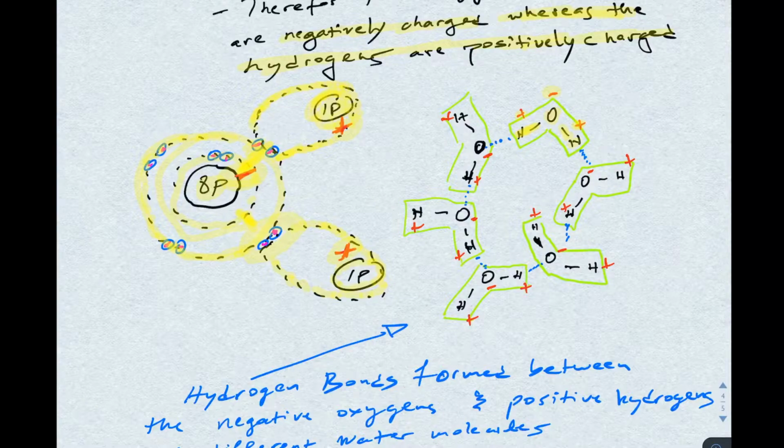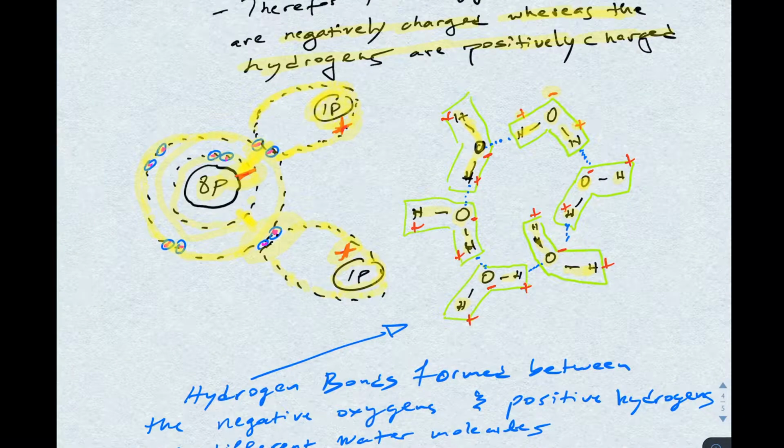So that's one water molecule. That's H2O, right? 2 H's and an O. That's our first molecule. Our second molecule is this one right here with this negative oxygen and these two positive hydrogens. Our third one is this one. Our fourth water molecule is this one. Our fifth one is over here. And our sixth one is this one, for a total of 6 water molecules and how they interact.